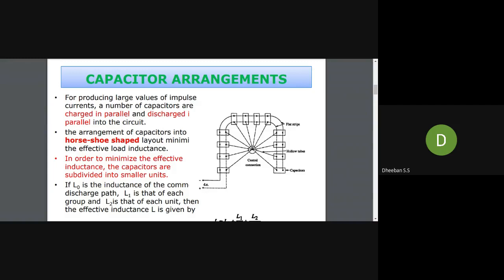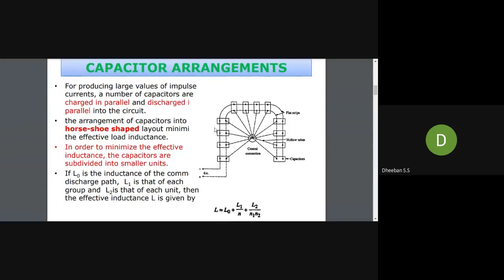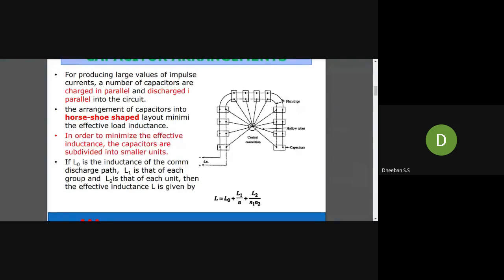There is no series connection, so all the capacitors are in parallel connection. Making this horseshoe arrangement makes it possible to minimize the load inductance.